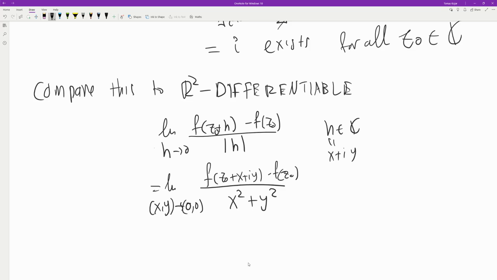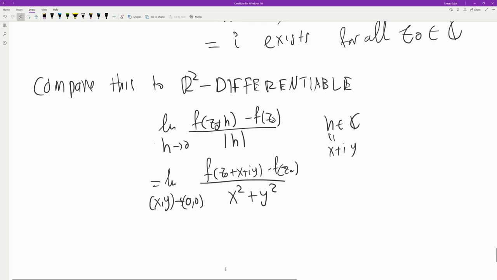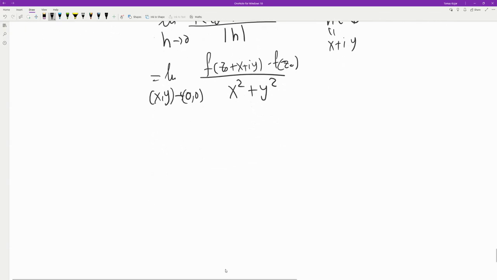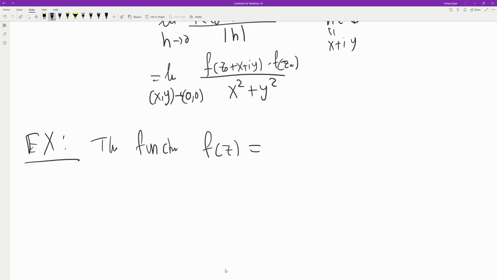Okay. So let me compare these two notions with an example. The conjugation function, z bar, we will show that it's not C differentiable.